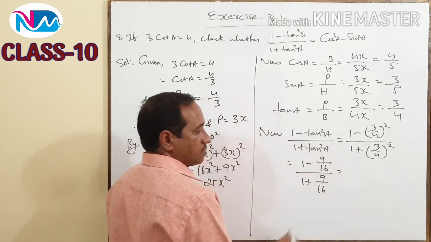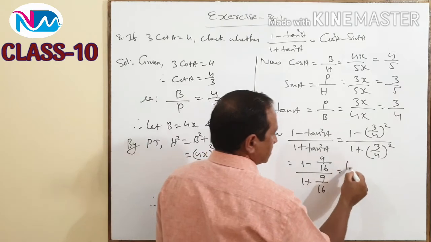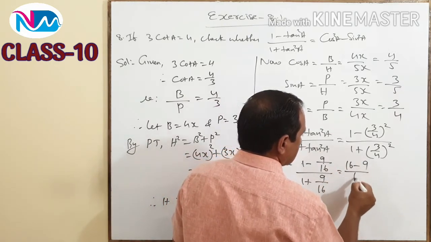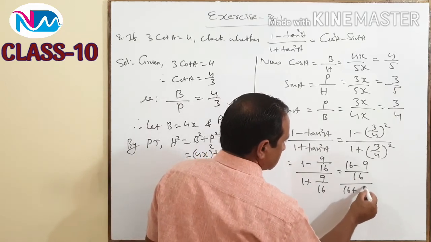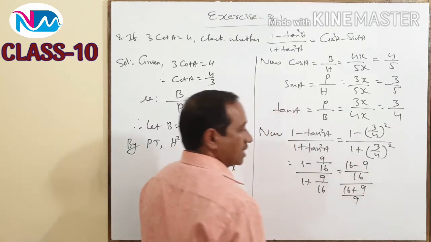Taking the LCM and simplification, 16 into 1, 16 minus 9 whole divided by 16, by 16 into 1, 16 plus 9 whole divided by 16.